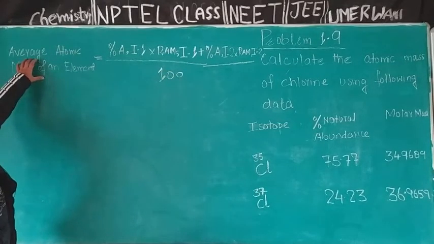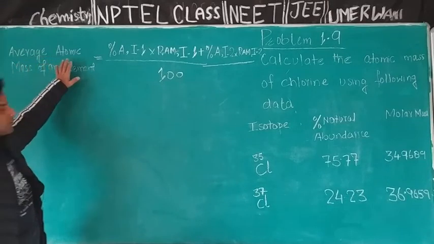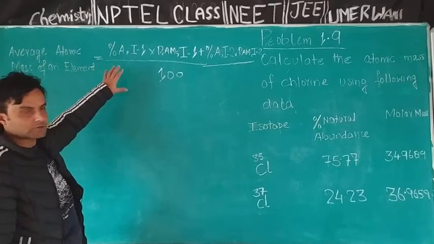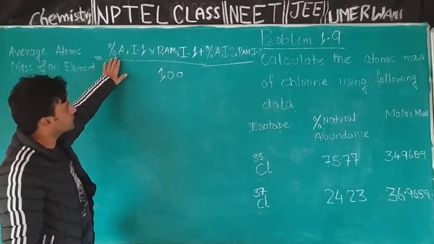The average atomic mass of any element which exists in nature in the form of two or more stable isotopes is calculated using this formula.